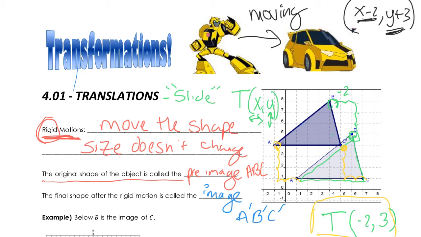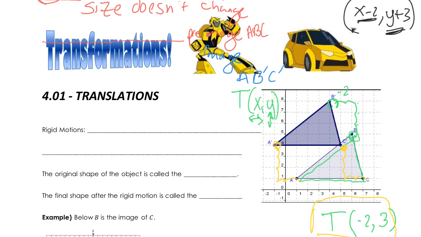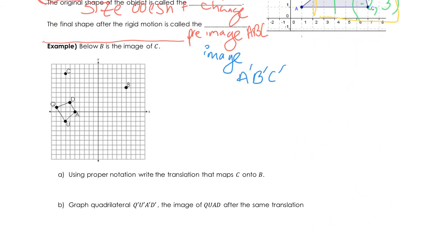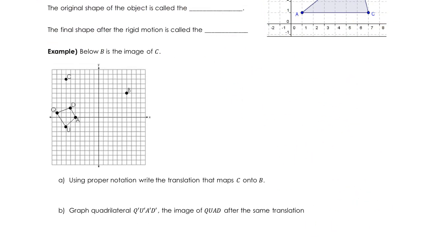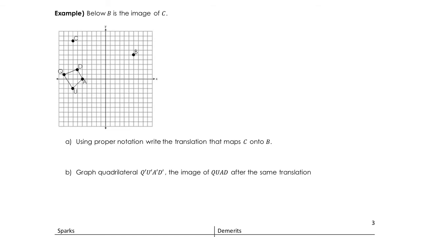All right, so we're going to do an example. I'm going to slide this down, slide everything out of the way. Great. So I'd write this one down. You could just draw a quick sketch. Below B is the image of C. And remember, image is second, pre-image is first.